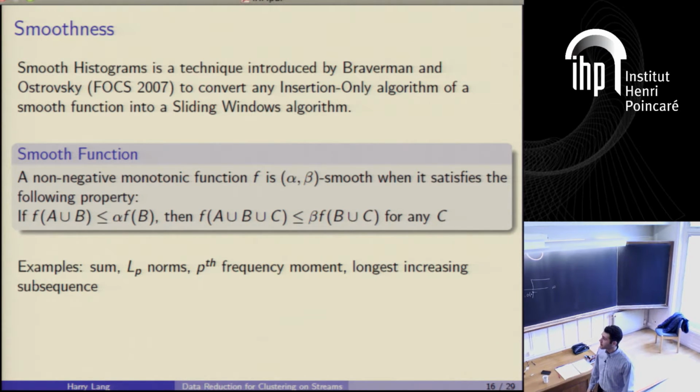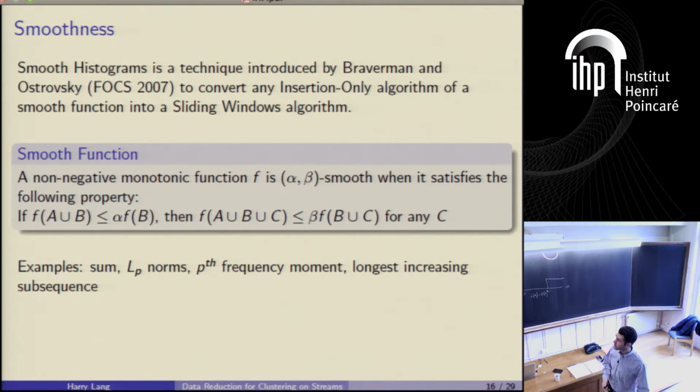Previously, a major technique for converting these insertion-only algorithms to the sliding windows model is smooth histograms. How this works is you take a smooth function, which satisfies a certain condition. The condition is basically about two sets which have a similar cost.